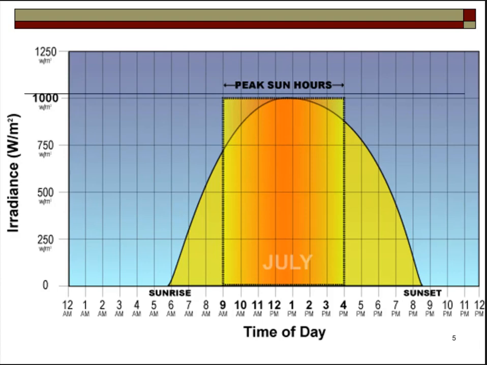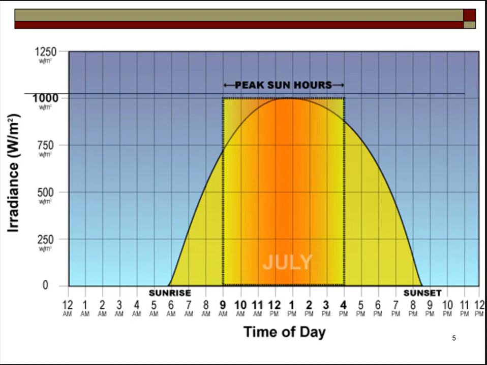This is another important terminology or quantity. That is peak sun hours, abbreviated capital PSH. Here is shown what might be the intensity of the sun over a day. It looks like an upside down parabola. If we can calculate the area under the parabola and represent that area as a rectangle with a peak sun, 1,000 watts per meter squared, it will extend over so many hours of the day.